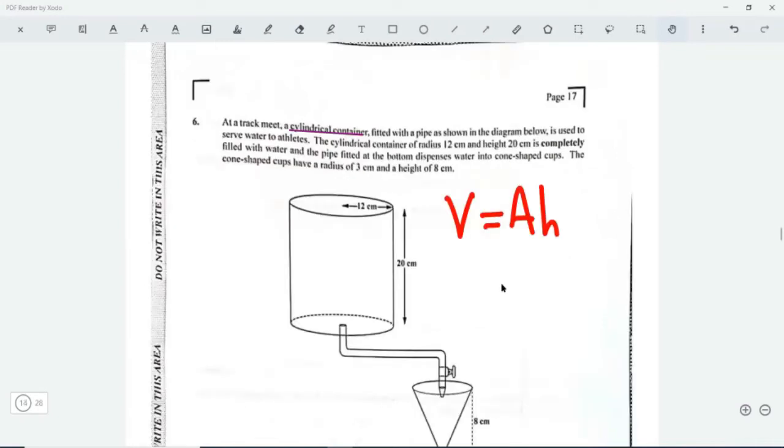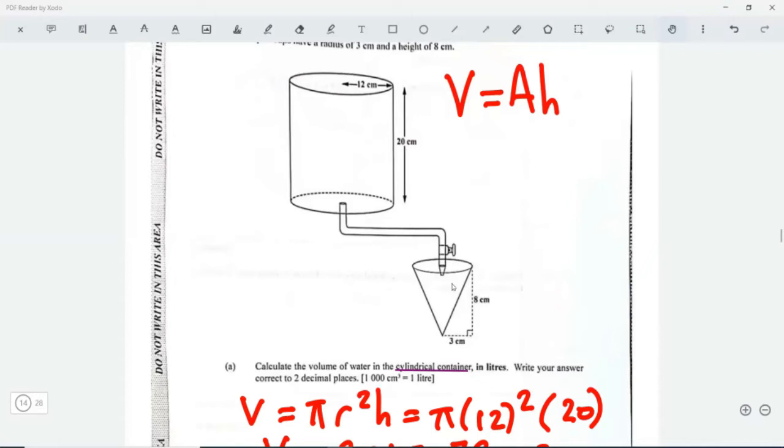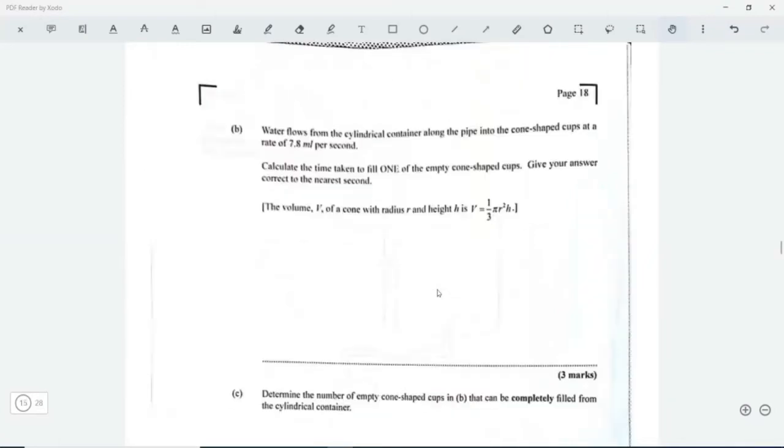So first, we need to work out the volume of one of these cone-shaped cups. Now, what's the volume of this cone? They told us that the volume of the cone is 1/3 pi r squared h. So good. They gave us the formula, so we don't have to do much calculation.